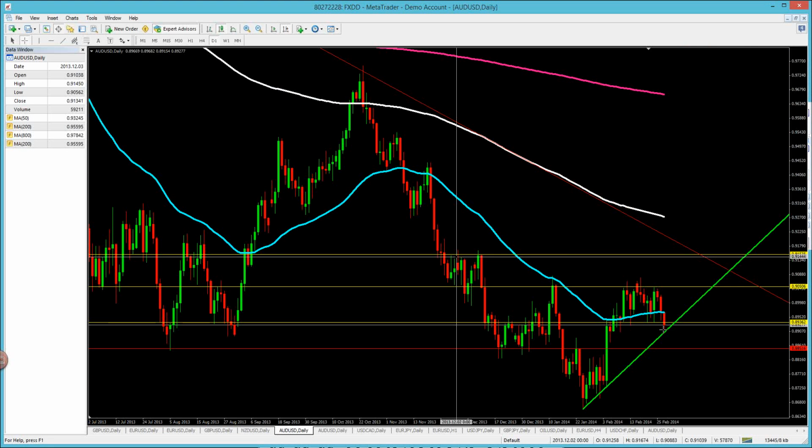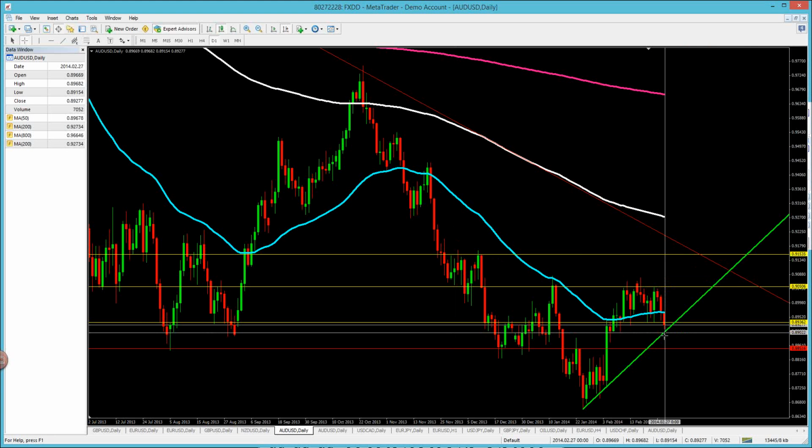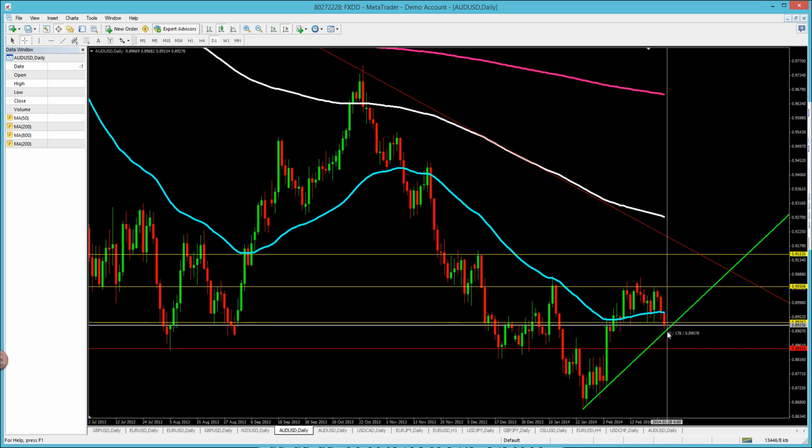Let's see. So our trend line is at 89.00, and we are currently at 89.27. Yeah, that's about right. About 30 pips away. And so we're going to look for a bounce off this trend line.